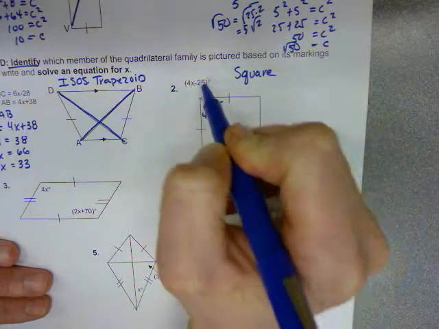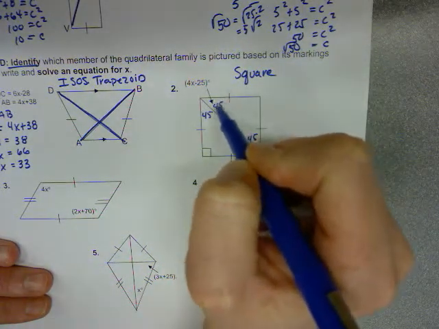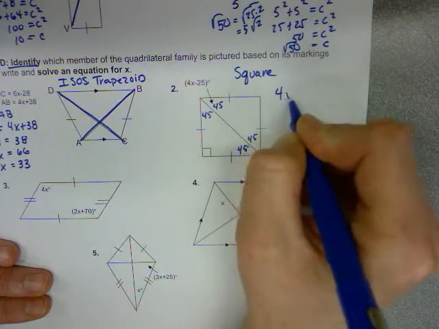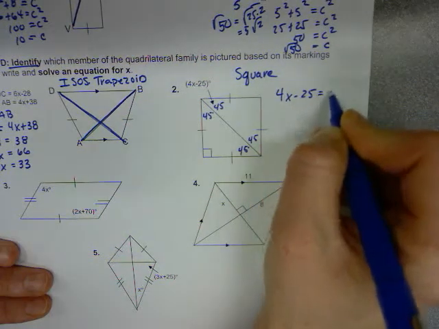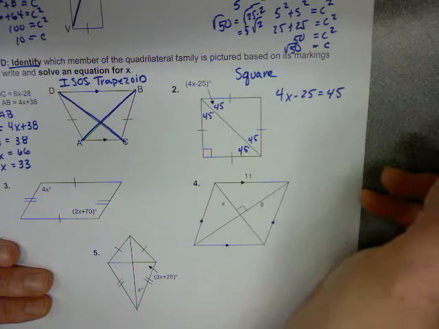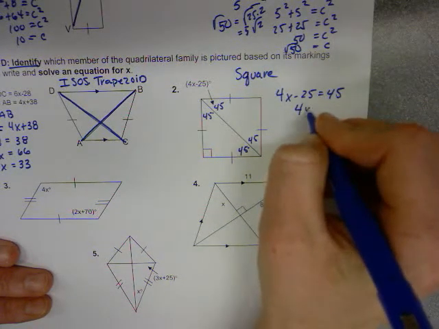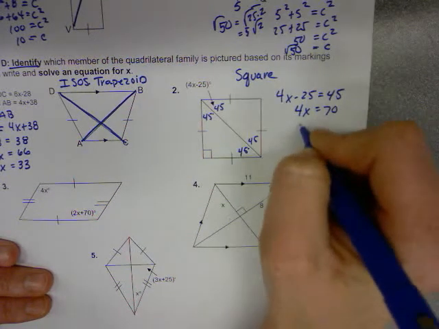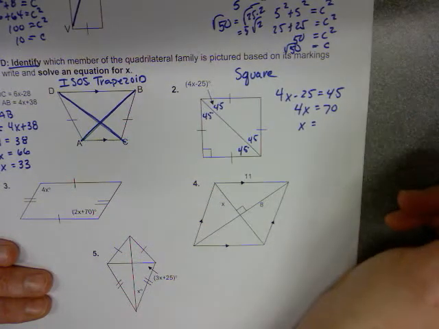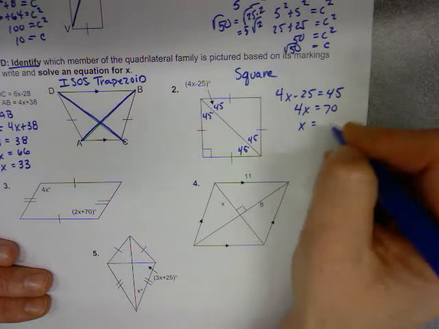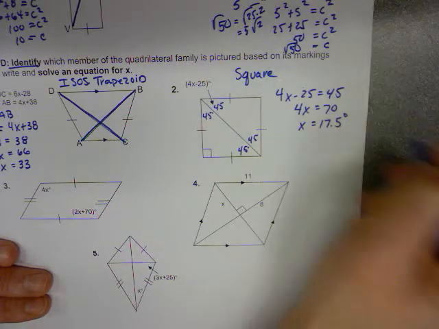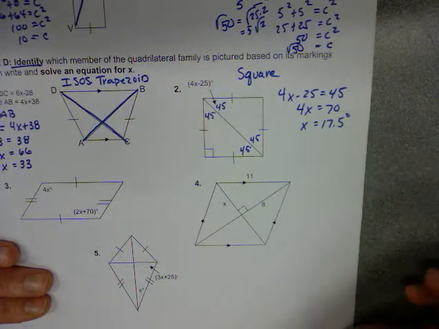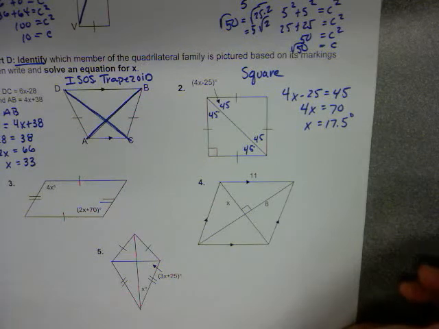We have 4x minus 25 is equal to this 45-degree angle. 4x minus 25 is equal to 45. So we can add the 25 to the 45, which gives us 70. Divide the 70 by 4, and we end up with 17.5 degrees, or x is 17.5 degrees.